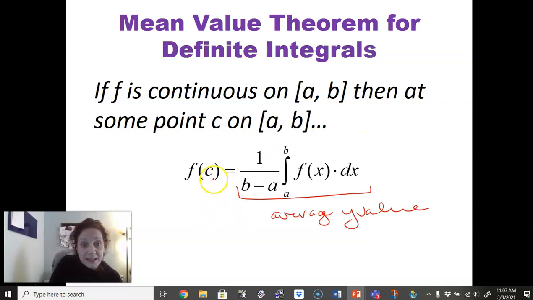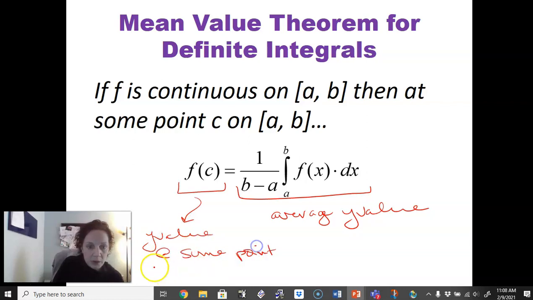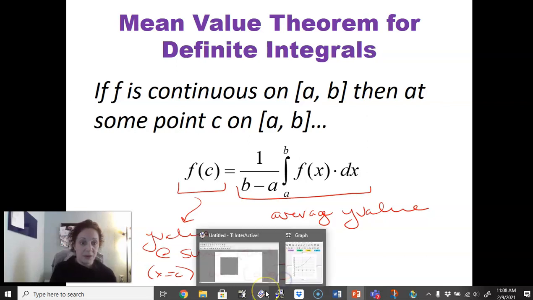And we're saying that at some point, c is just a number on the interval, somewhere between a and b. This is the y value at some point, which we're calling c, on a to b. So at some point in there, the y value is going to take on its average y value.